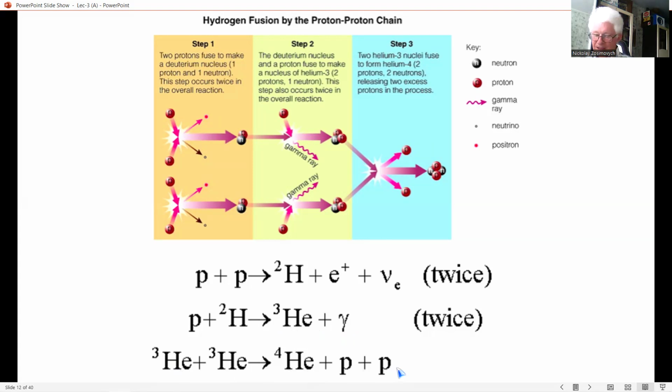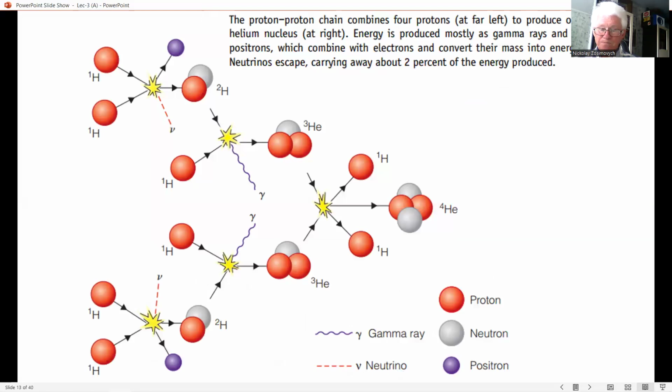Because the last reaction needs two light helium nuclei, the first and second reactions must occur twice. And the net result of these chain reactions is the transformation of four hydrogen nuclei into one helium nucleus plus energy. The energy appears in the form of gamma rays, positrons, and energy of motion of particles and neutrinos.